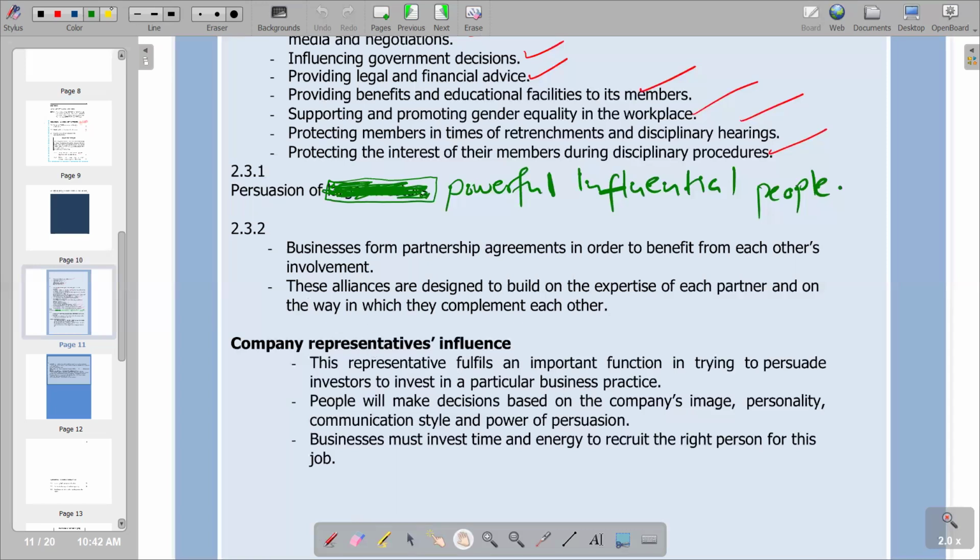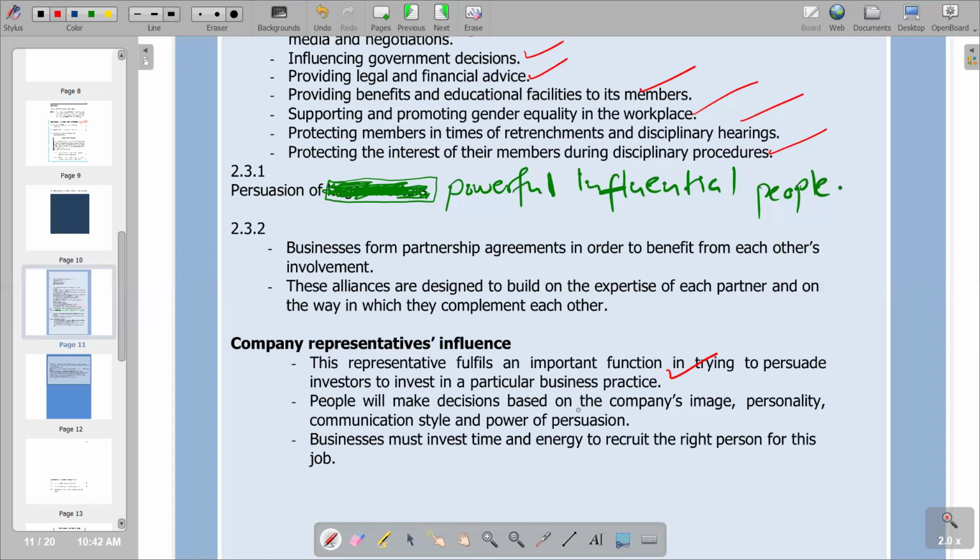So this is the first point that we have. Obviously, the company's representative has the power to influence powerful investors, which is very important. Then we go to the next point, saying people make decisions based on the company's image, personality, communication style, and power of persuasion.